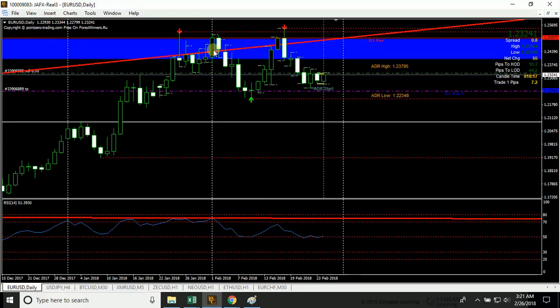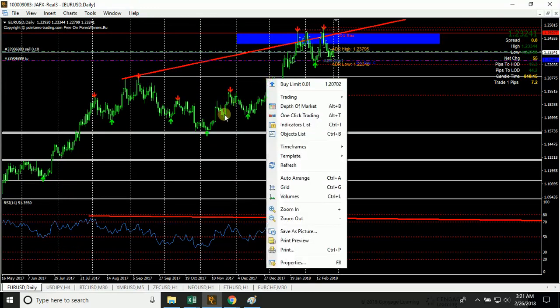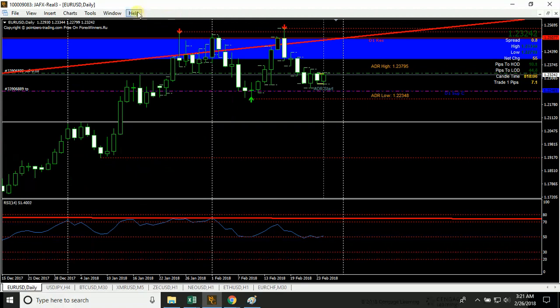Confirmed double top pattern. Also, if you look here, we have divergence even clearer than we had on the weekly. We can see a high as far as price is concerned, a double top high.